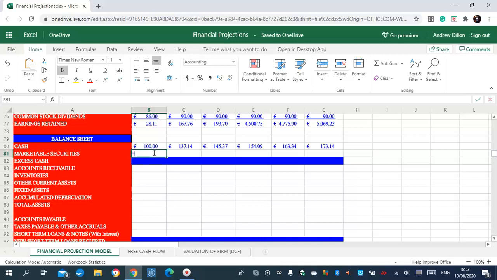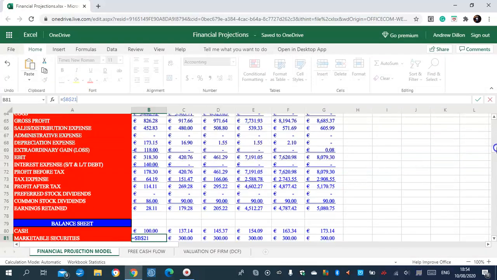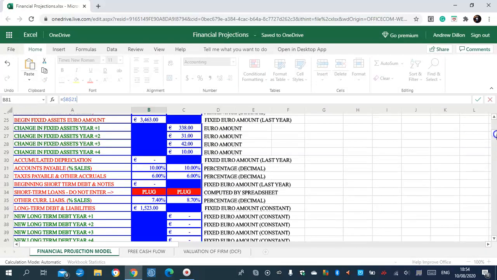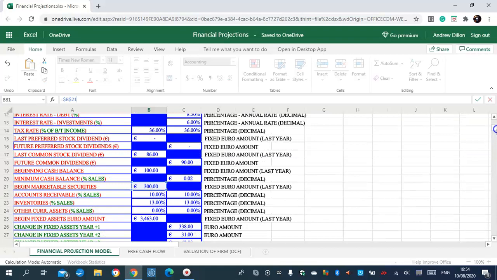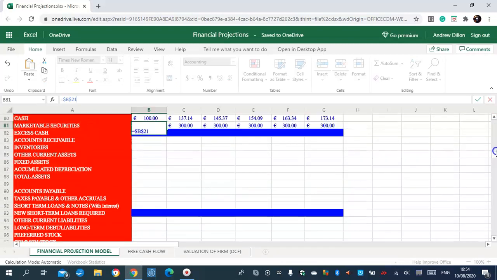It just simply equals $B21. That's it. No maths, just $ sign answer. Let me take you to B21 and show you where that is. B21 is here with its €300. Then begin marketable securities. So that's it. That's where it is.